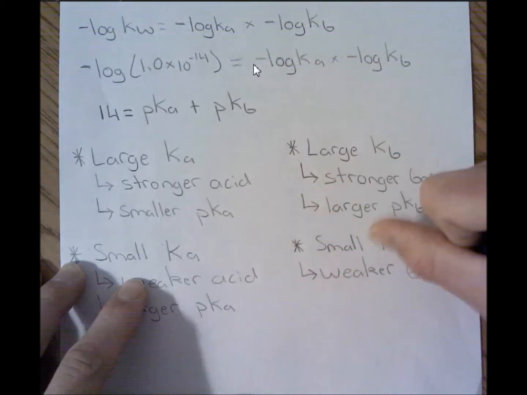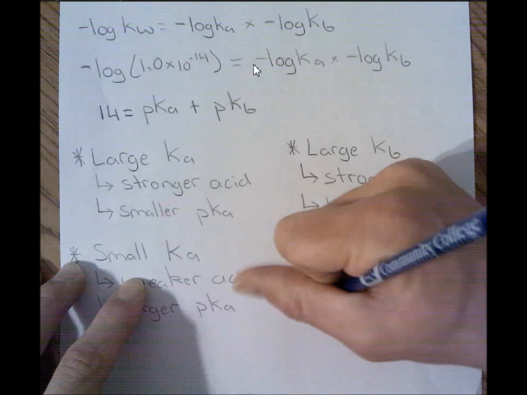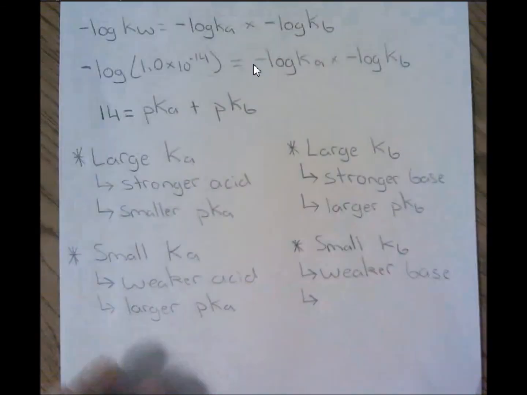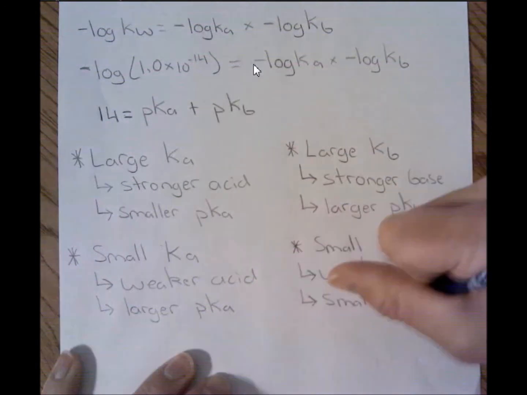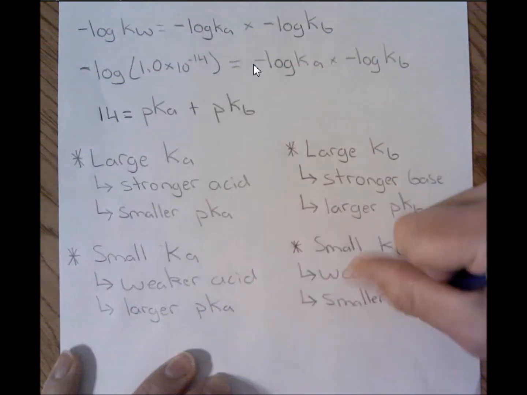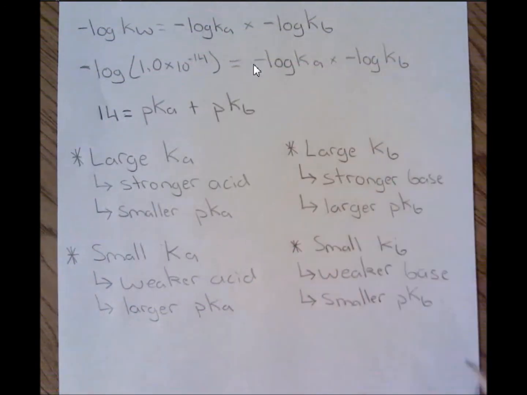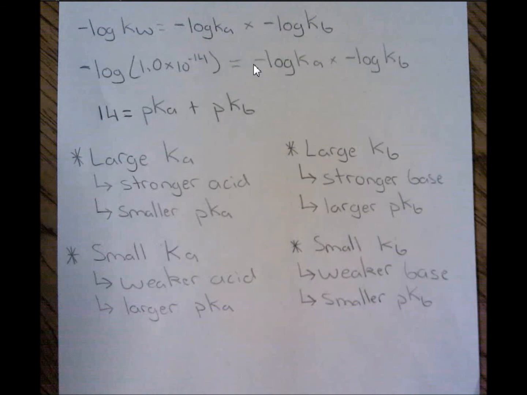And two, it's a general statement, that we are going to have a smaller pKb, which makes sense as the base gets weaker, the smaller that pOH is getting, which means we're leaning more towards an acidic substance. All right, so these are some general statements here.